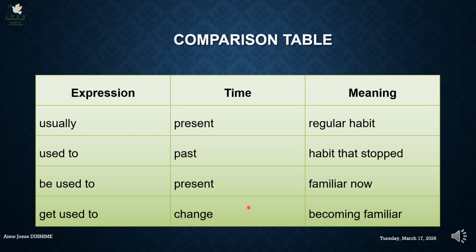And when we say the past, subject plus got used to plus noun or gerund. When we use it in the future, we say subject plus will get used to plus noun or gerund. Means like becoming familiar. It is adaptation. It is a new thing, then you're trying to get used to it.